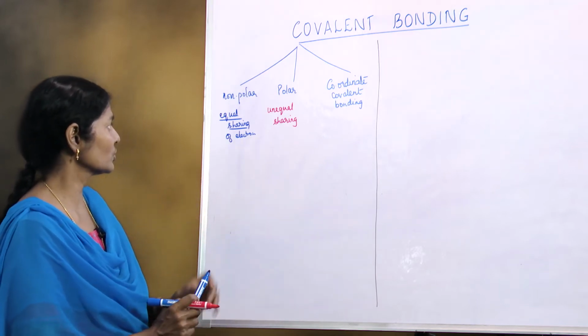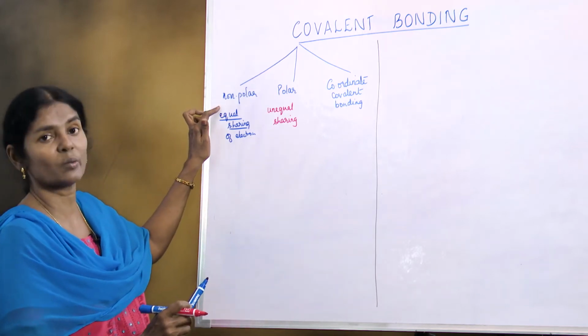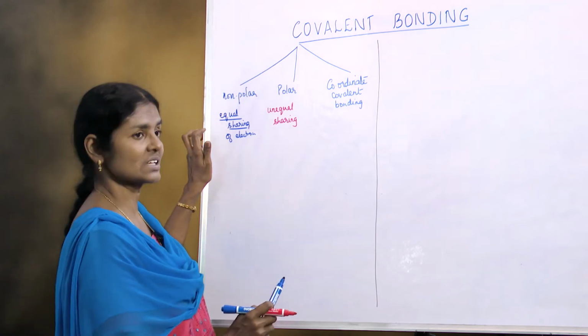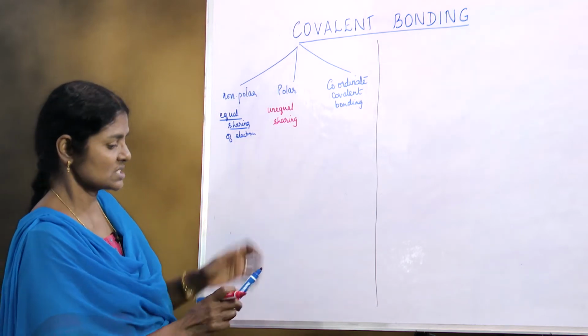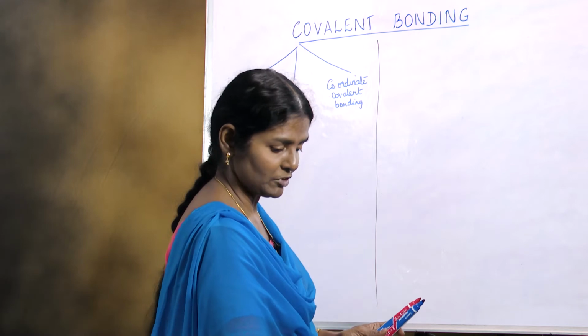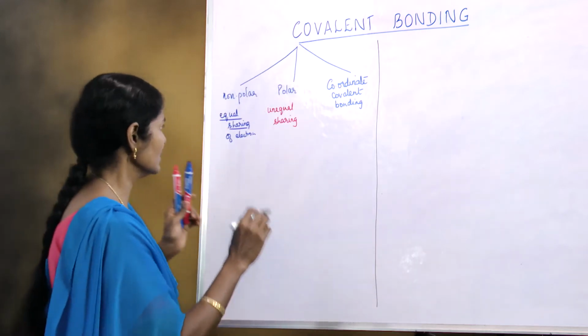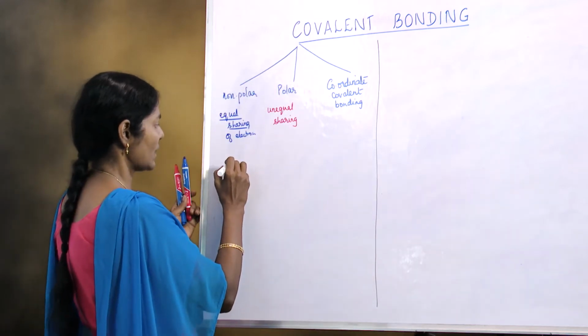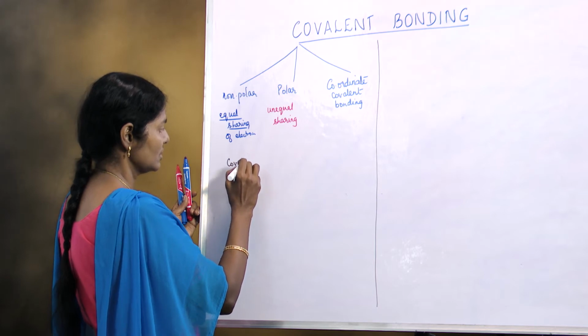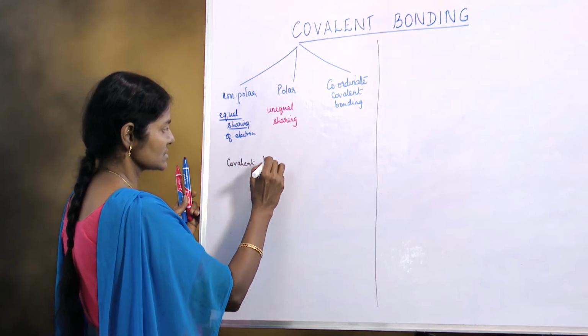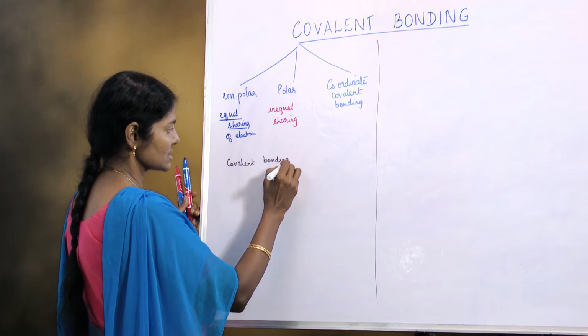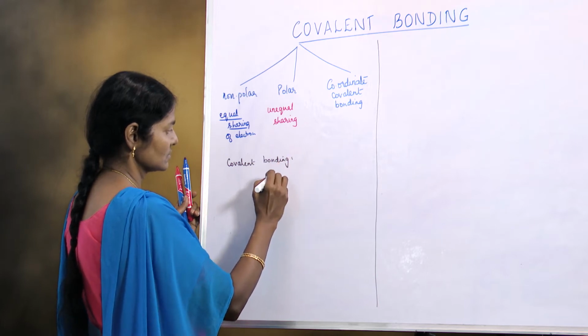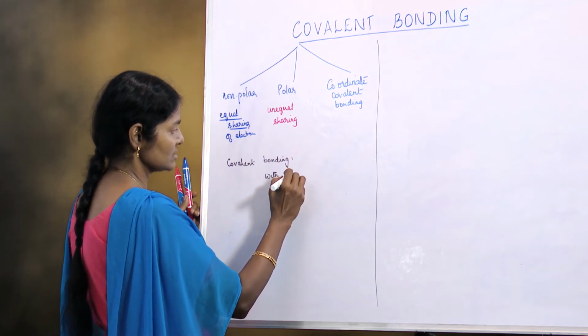Now let us move on to non-polar covalent bonding, that is equal sharing of electrons, with some examples. First, when we come to covalent bonding, this always happens with non-metals, with non-metallic elements.